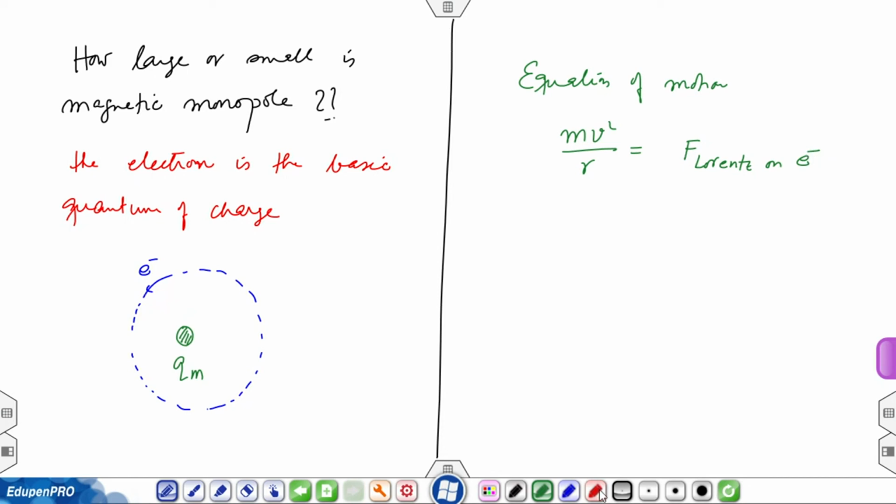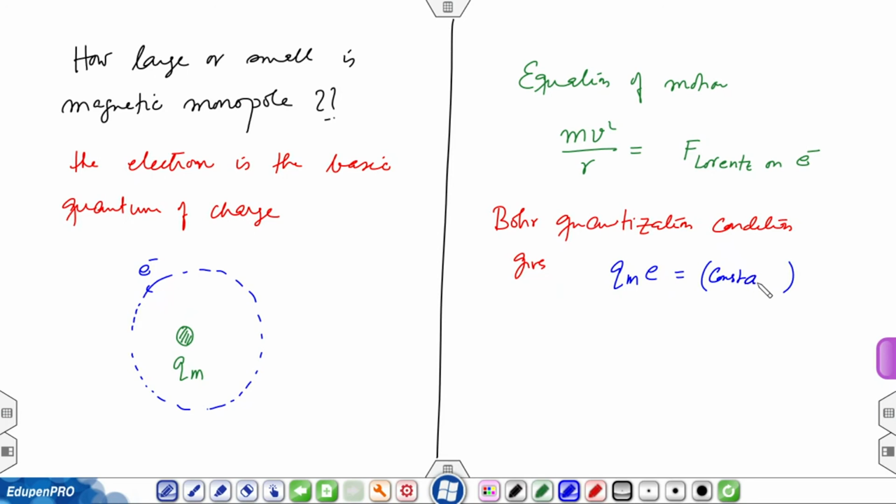And the Bohr quantization condition gives Q m times E equal to some constant, and that fixes the charge Q m.